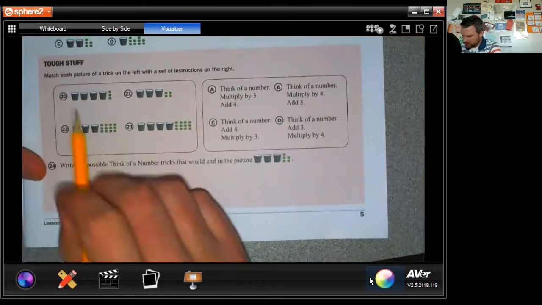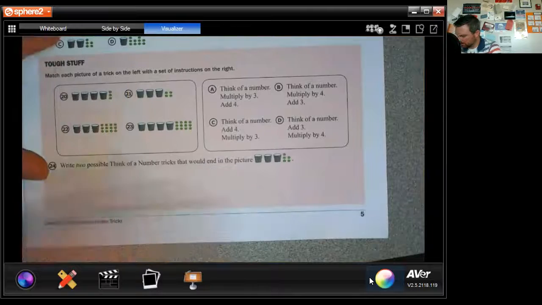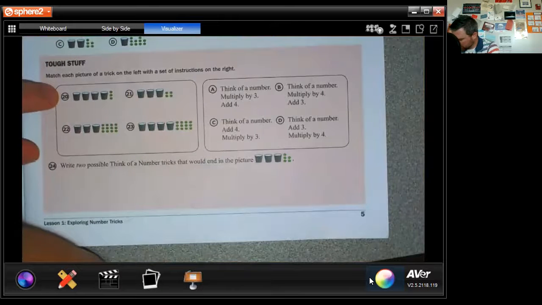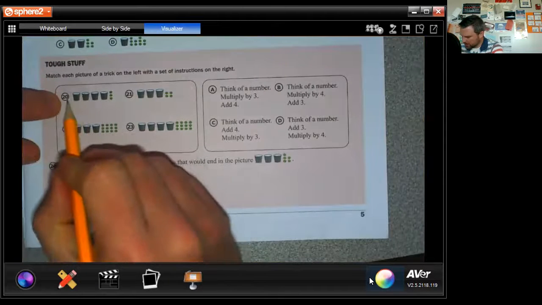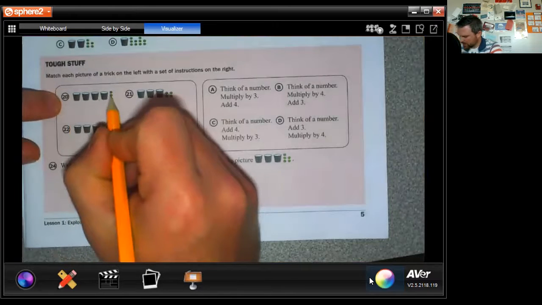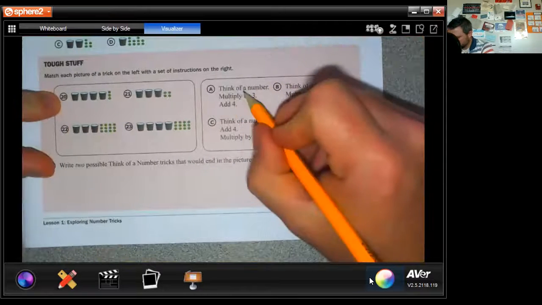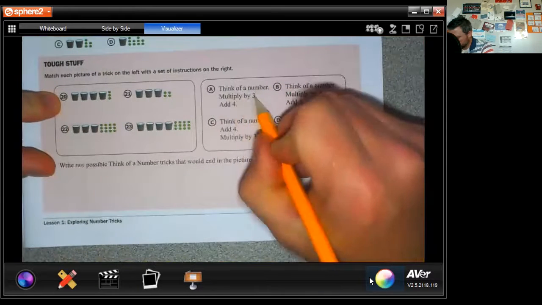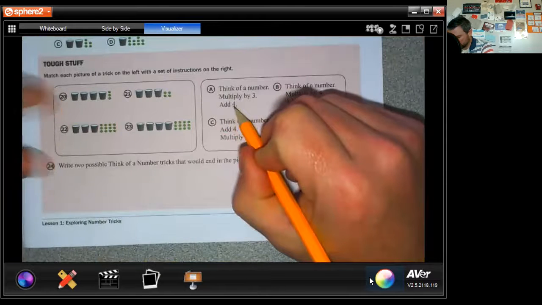Okay, match each picture of the trick with the set of instructions on the right. Okay, so let's just do 20 here. So you got 4 buckets, okay, and then 3 dots. So think of a number, multiply by 3, add 4. Is that what happened to get this?